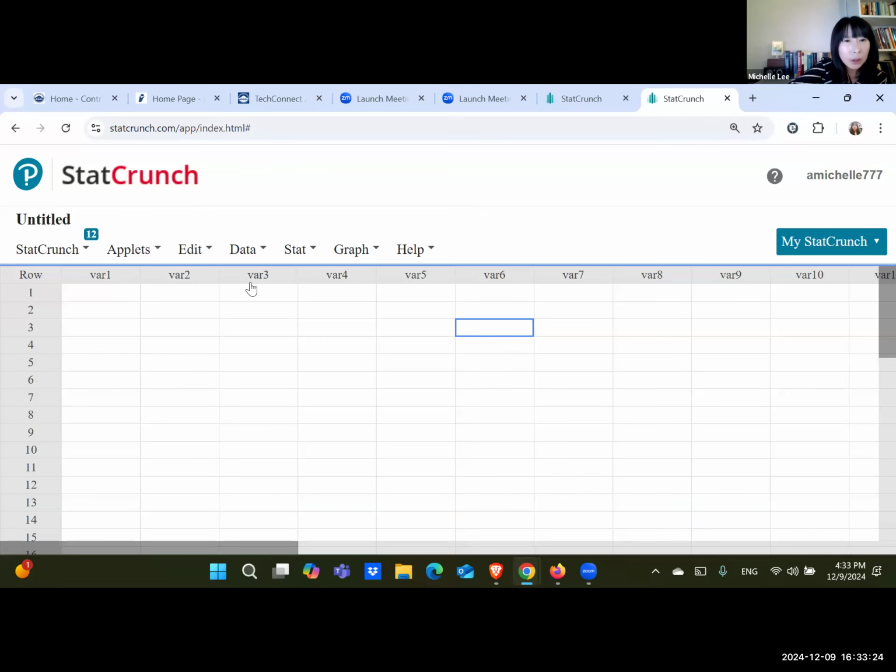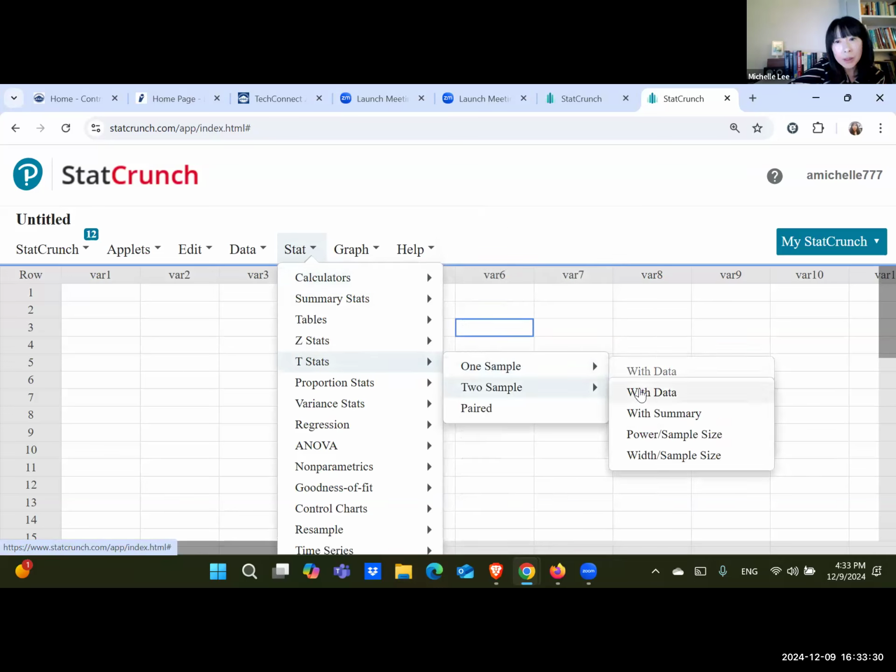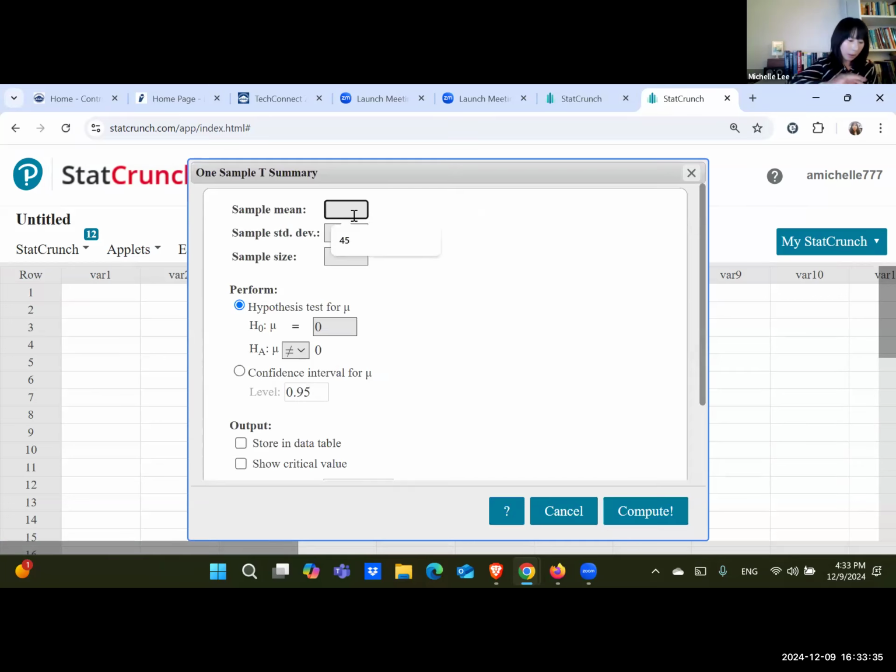So go to T stats here, one sample with summary. Okay, sample mean given, which is 47, and standard deviation given 2, and then sample size 23, and then confidence interval, level of confidence is 90%.